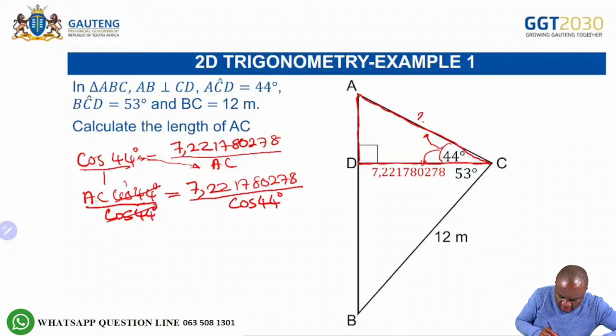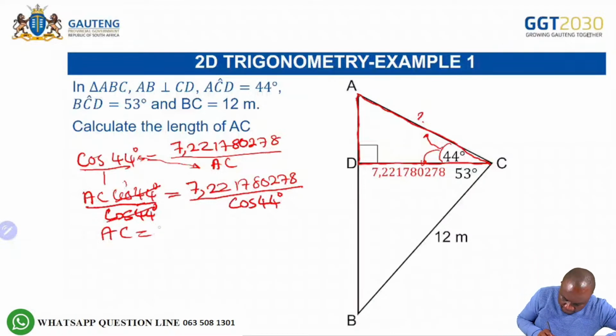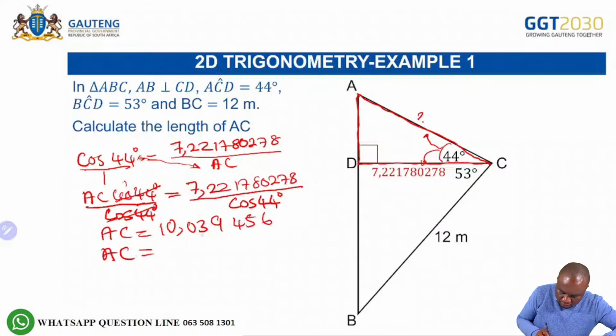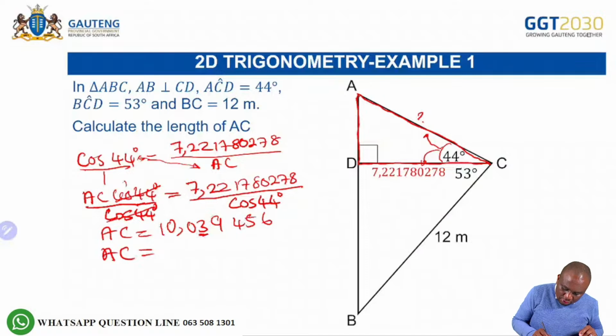Okay? So AC is equal to 7.221780278 divided by cos 44. You can put that in the calculator and get 10.039456. We want 2 decimal places. This is our final answer. So this 3 is going to change and become 4 because of the 9.